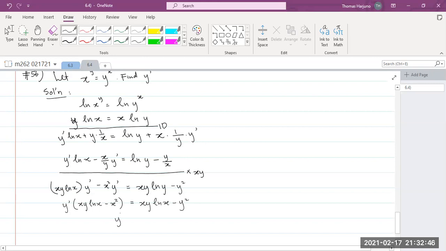So y prime is equal to xy ln x minus y squared over... oh I'm sorry, it should be y here. It should be y here. xy ln x minus x squared.